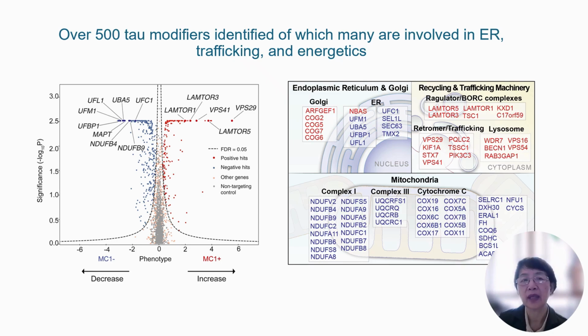The top positive modifier of tau was VPS29. The top negative modifiers are five components of the UFMylation cascade. Further subcellular classification of the top hits revealed their roles in ER, Golgi, retromer complex, vesicle trafficking, and the mitochondrial electron transport chain.